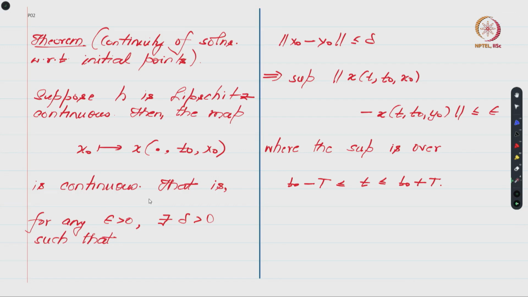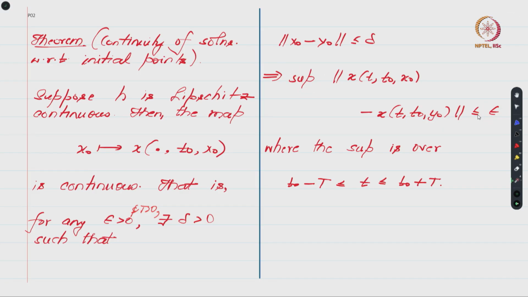So what does this mean? It means that for any epsilon and t greater than 0, there exists some delta greater than 0 such that if the two initial points are delta close, then the two solution trajectories, in this supremum metric, will be epsilon close.